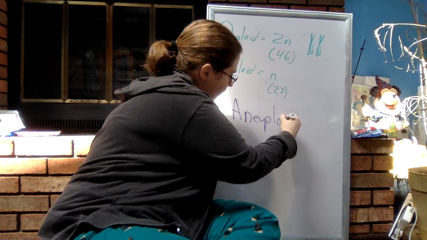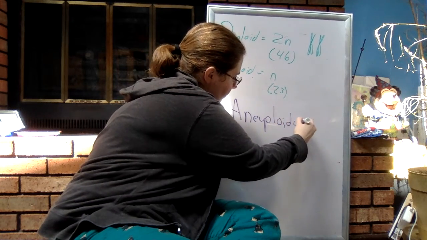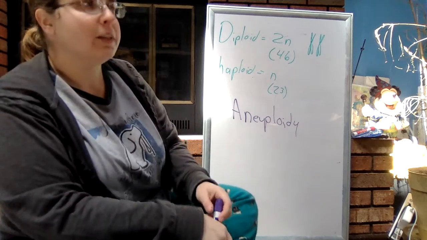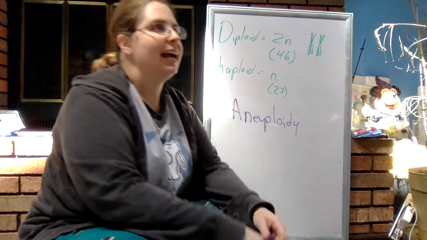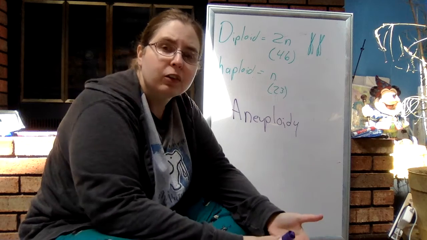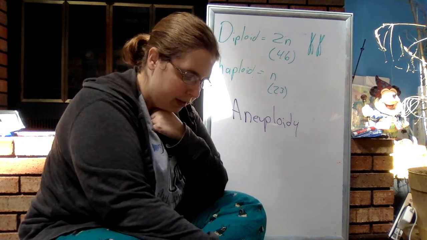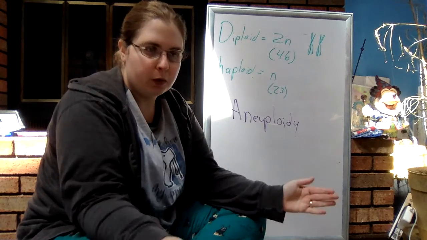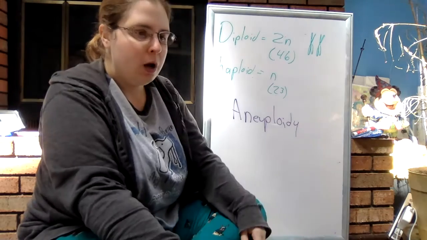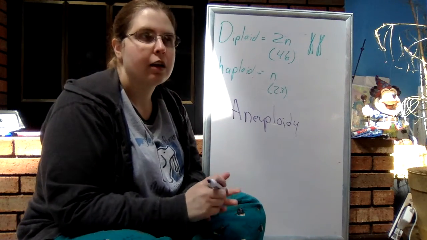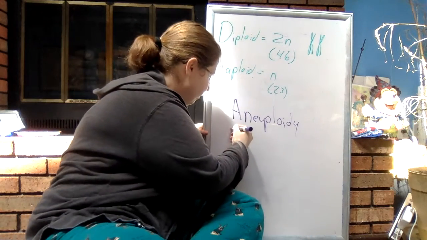With aneuploidy, that's when you might have one extra of a particular chromosome, or you might be missing one of a particular chromosome. So it's not that every chromosome has an extra version, but for instance, maybe someone has 47 chromosomes because they have one extra.